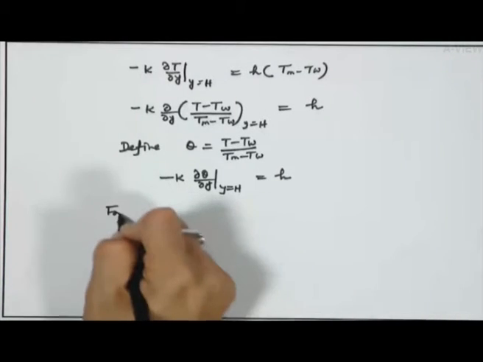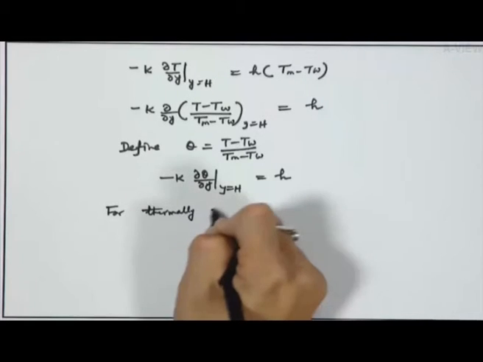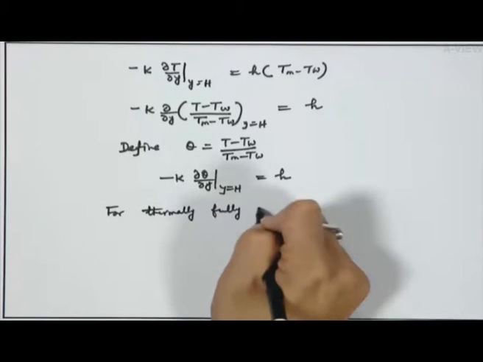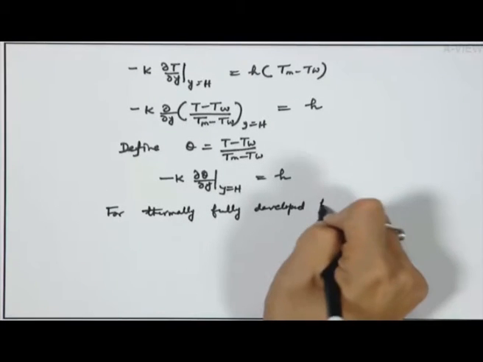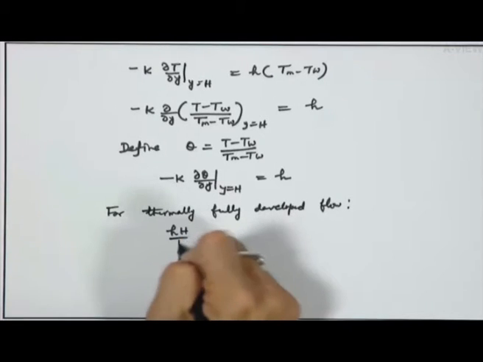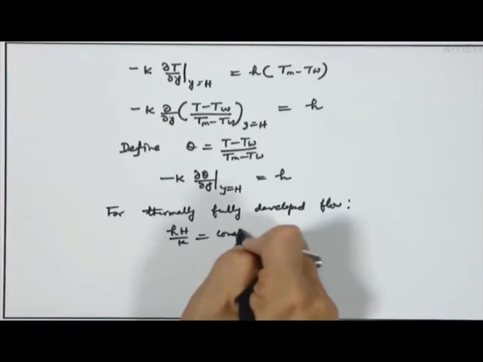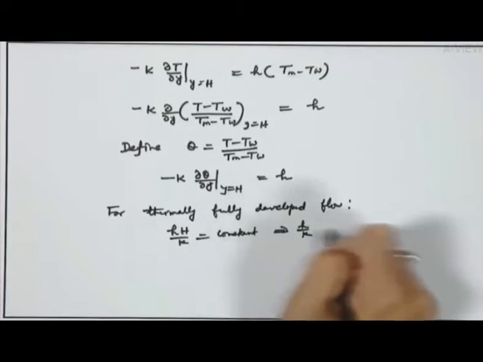For thermally fully developed flow, you have h by k is equal to constant.